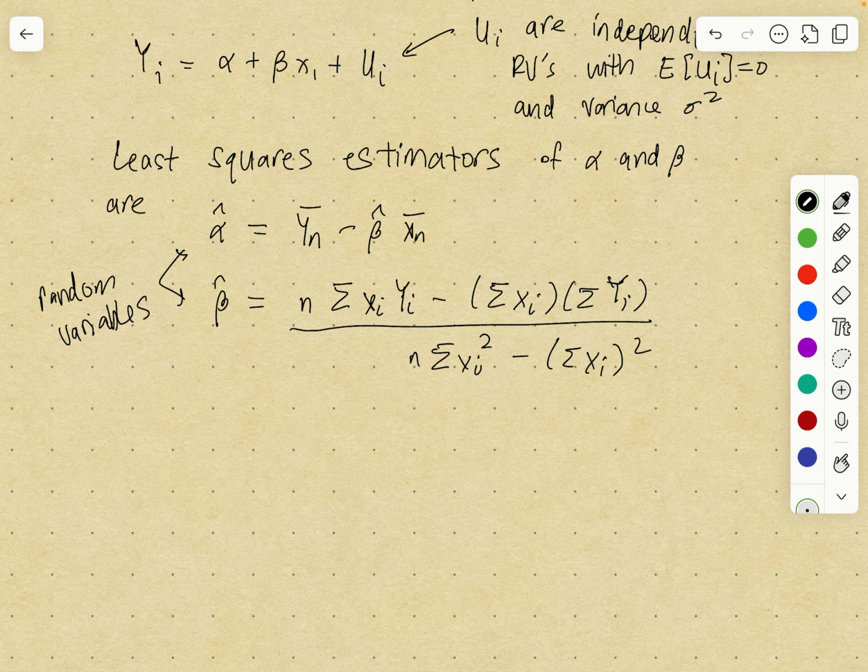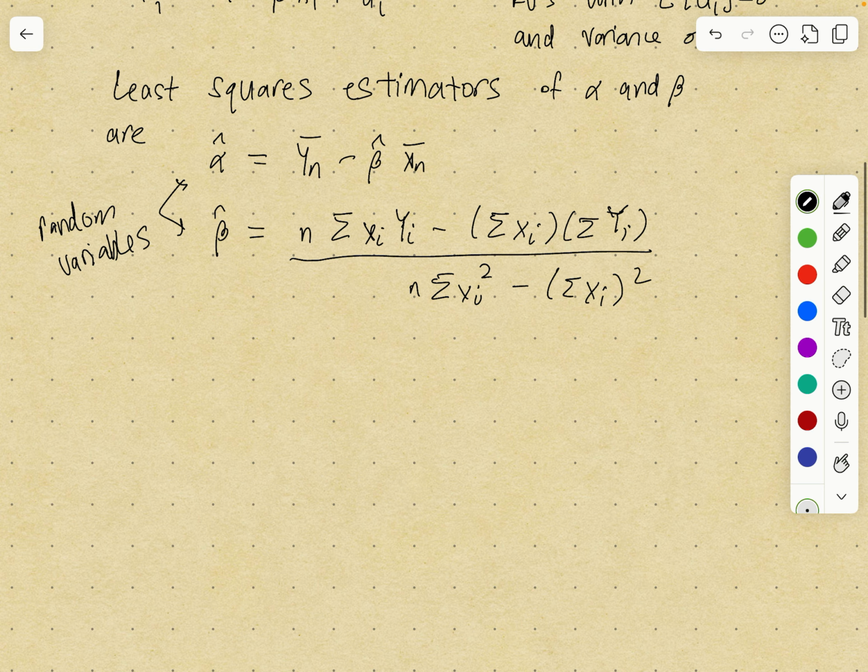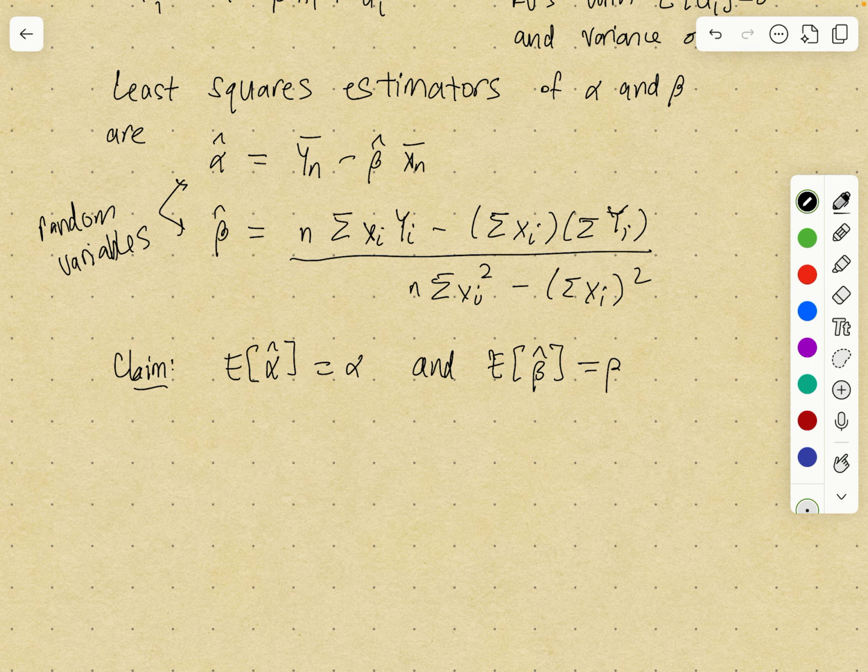And we say that random variables that are estimators of alpha and beta are unbiased if the expected value of those random variables is equal to alpha and beta respectively. So the claim is that the expectation of the random variable alpha hat is alpha, and the expectation of the random variable beta hat is equal to beta.